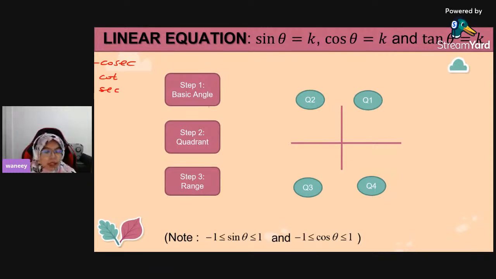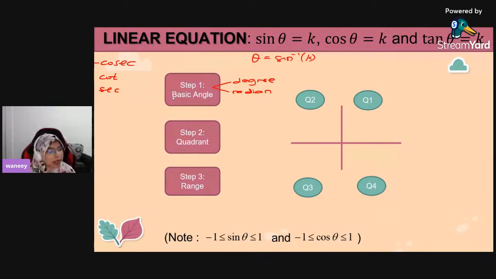Okay, so now, what do we do if we want to solve a linear equation? The first thing you have to do is to find the basic angle. Let's say you have sine of theta equal to k, that means theta is equal to arc sine of k. For the basic angle, you must be very careful: are we using degree or are we using radian? How do you know whether to use degree or radian?